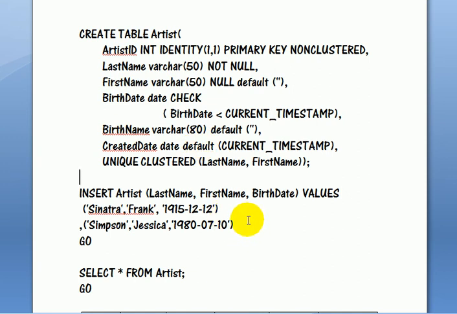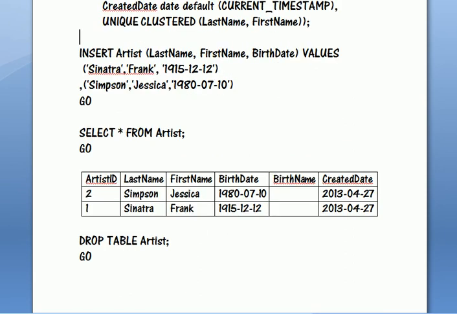We can insert data into the new table with the insert statement, and we are inserting two rows with birthday data. When we perform a select star statement, and here is the result, we notice it's not sorted 1 and 2 because we did not specify sort order, so it can come back in any way.